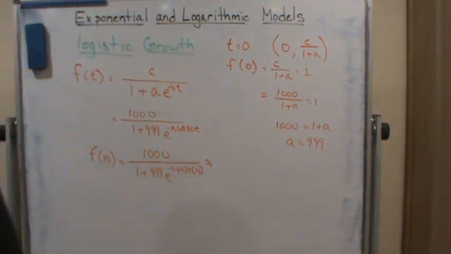So now, what do you get? You get approximately 293.8.